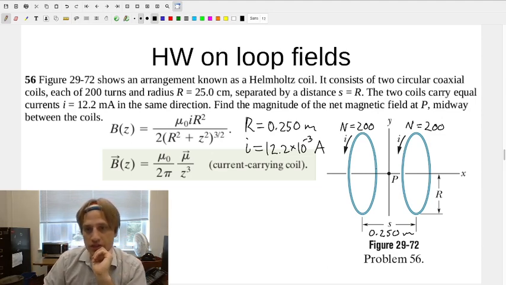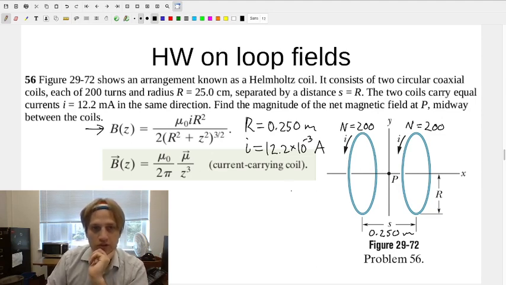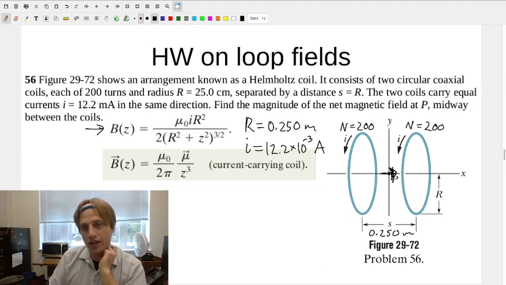So, for instance, for this first loop, we know the magnetic field one loop is going to cause, and so if we have 200 loops, we just need to take this times 200. And this first loop is going to have a magnetic field that's pointing in the plus x direction. And this loop on the right is also going to have a magnetic field pointing in the plus x direction.